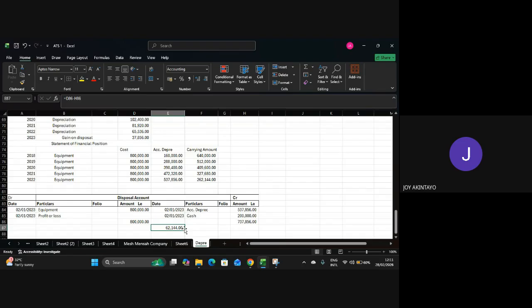How much do we have? 800 minus 737,856. Use your calculator.